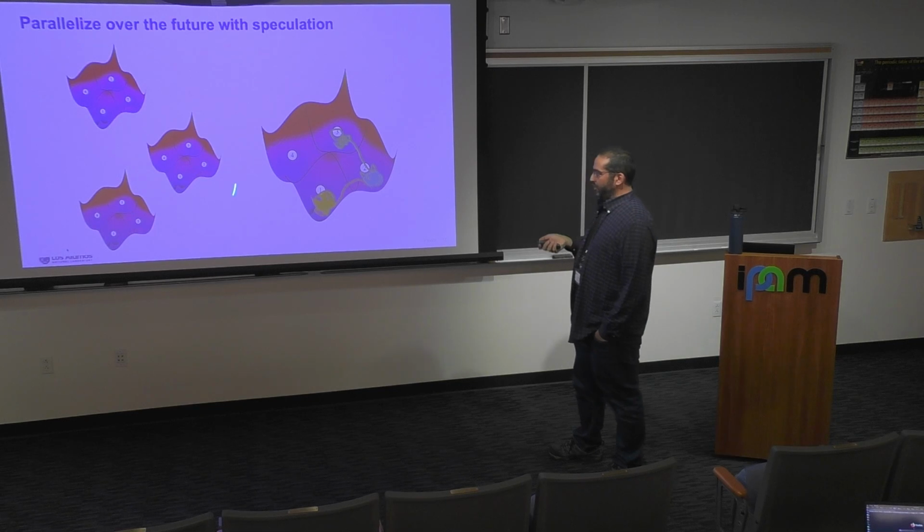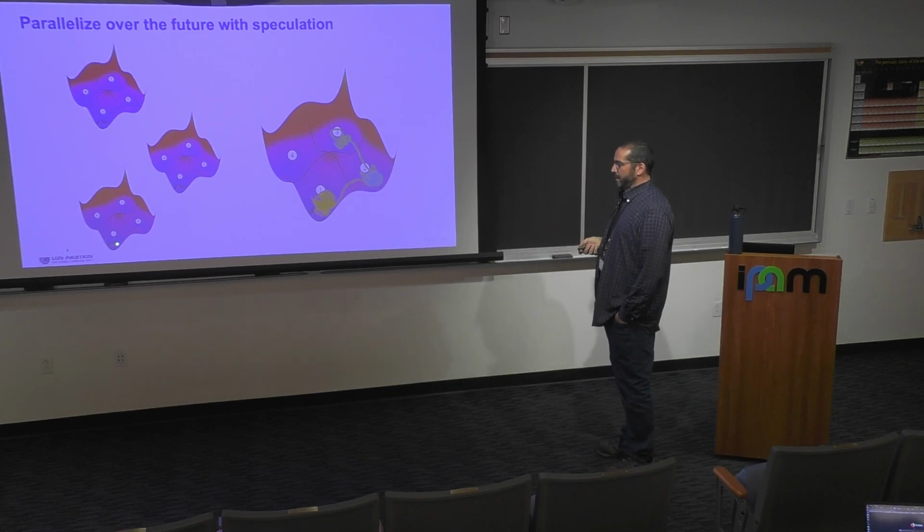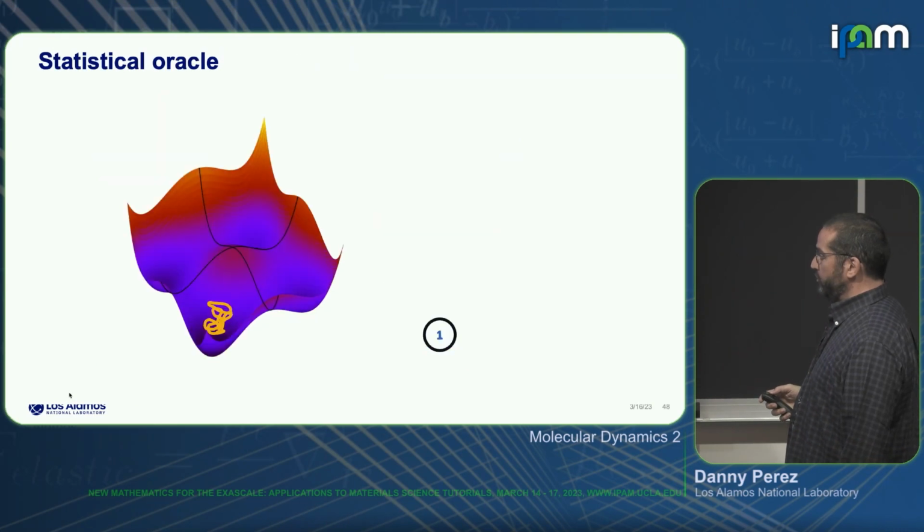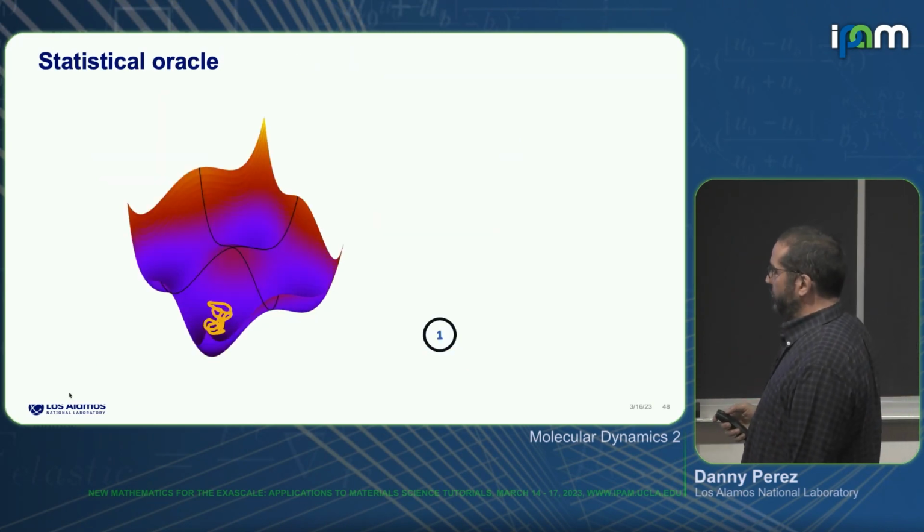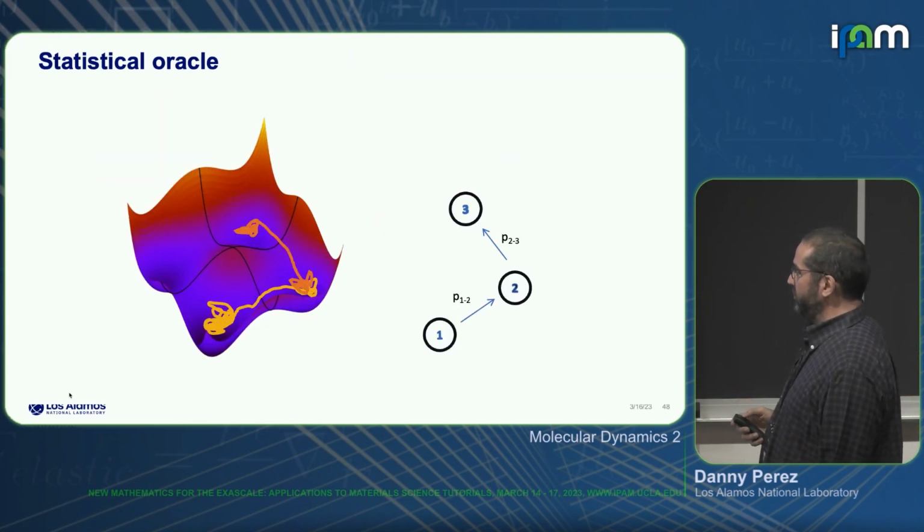But it's a thought experiment that's telling you that the optimal thing to do is probably not to put all of your eggs in the same basket and run in one, but do something more clever. So if you don't have an oracle, the second best thing to do is to approximate an oracle with a statistical model.